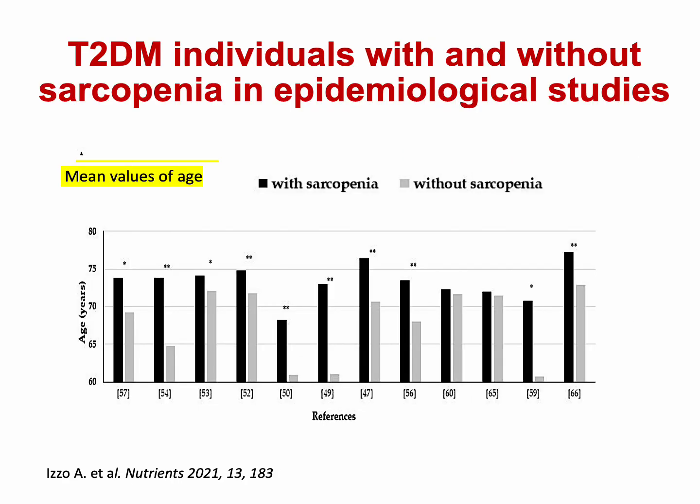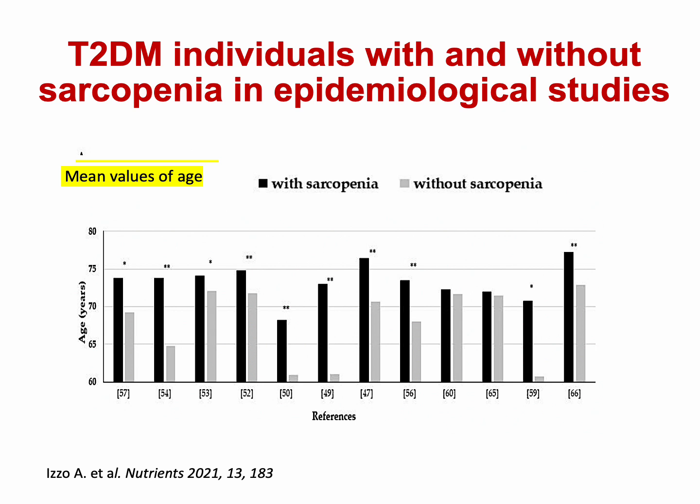Here is additional data illustrating the connection between sarcopenia and diabetes. Epidemiological data from an Italian study on individuals with type 2 DM with and without sarcopenia were analyzed with a focus on mean age differences.